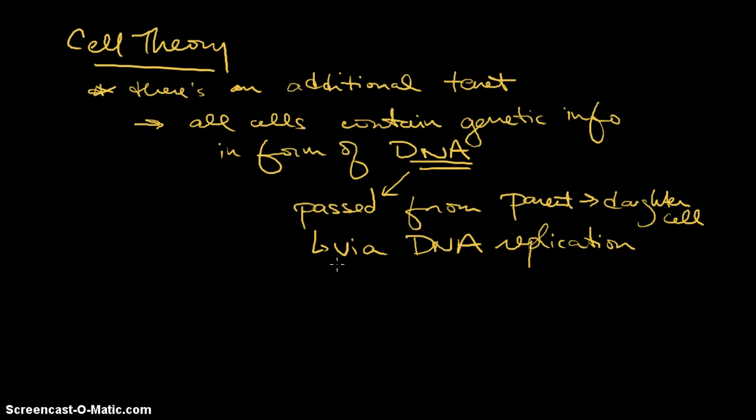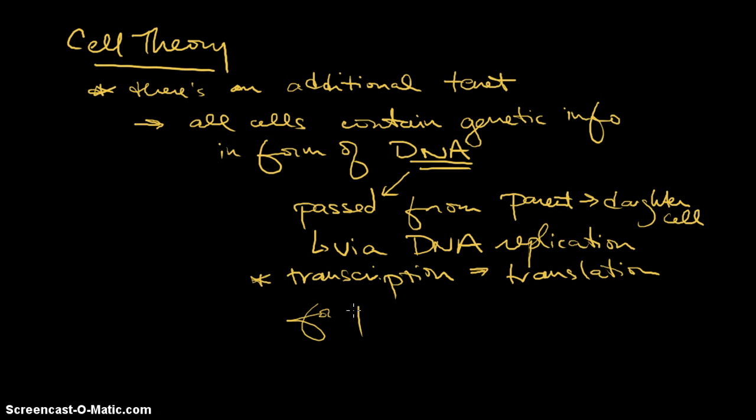So each cell gets the same copy, but the real purpose of that DNA is to be read for transcription, and then that same message be read in translation for protein synthesis. That's what transcription and translation are about, or trait expression sometimes.